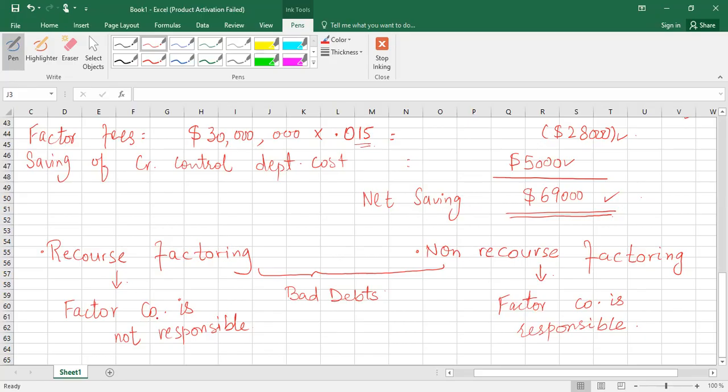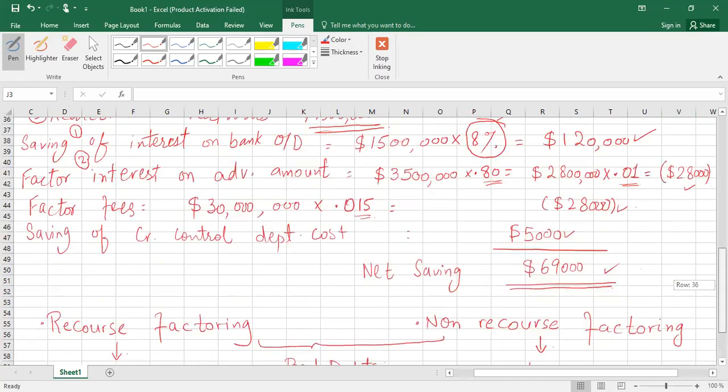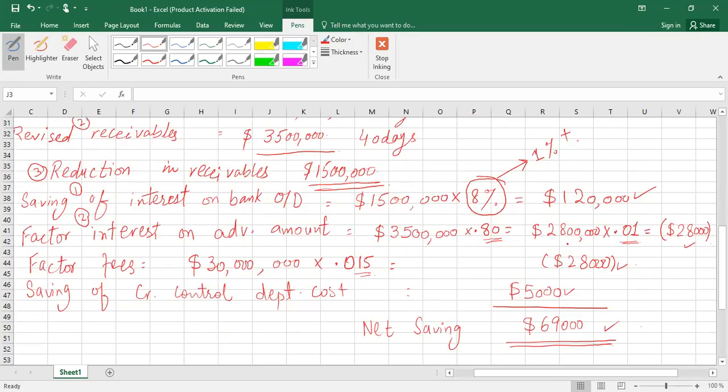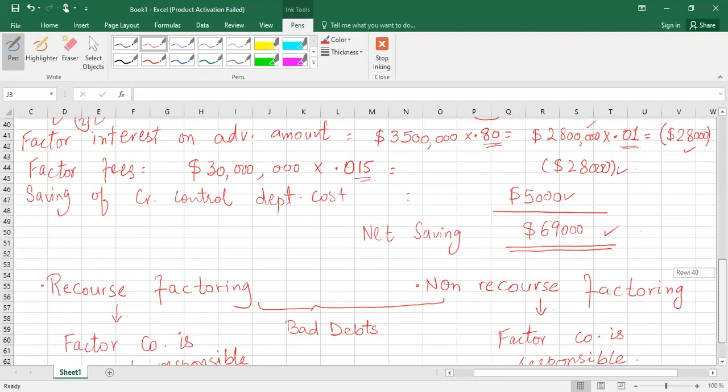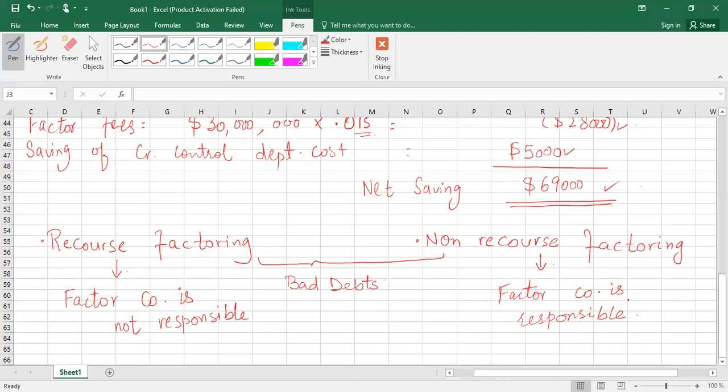But a recourse factoring is the one where factor company says that if we are paying you 80% of your revised receivables, which is 2.8 million, it means we will recover 2.8 million either from your customers or from you.